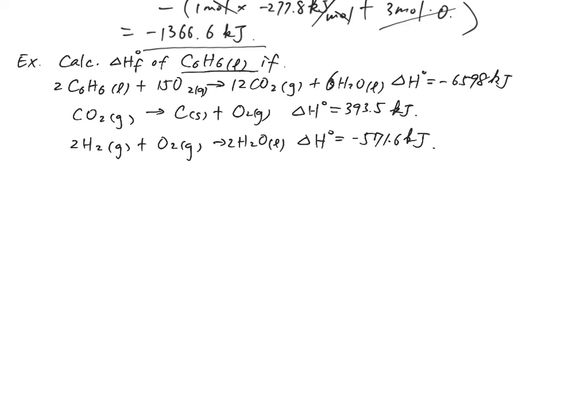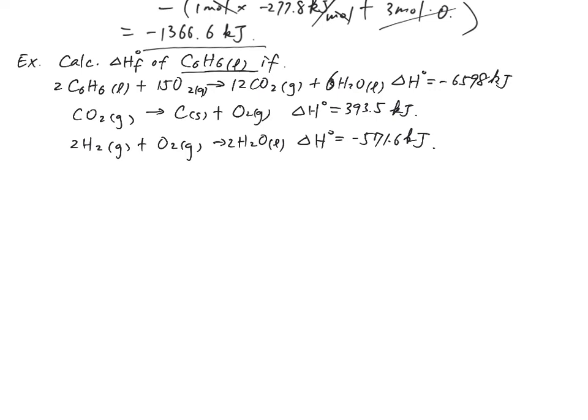All right, so first of all, let's analyze this question. Calculate delta HF. I can imagine a particular question you can ask me about delta HF is: give me a chemical reaction, give me the delta H value of it, and give me all the other components' delta HF.